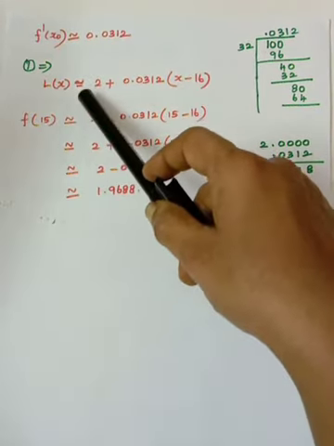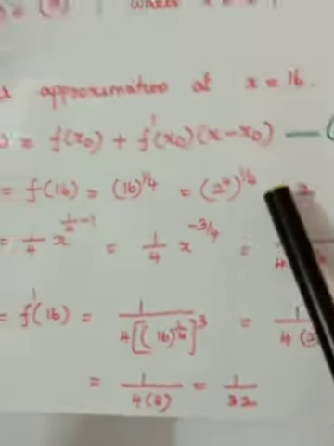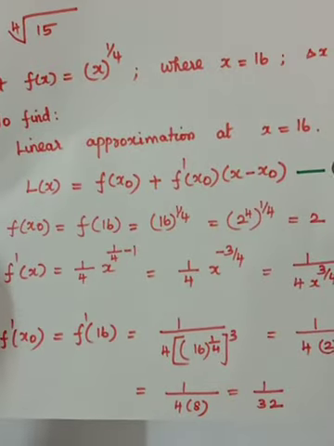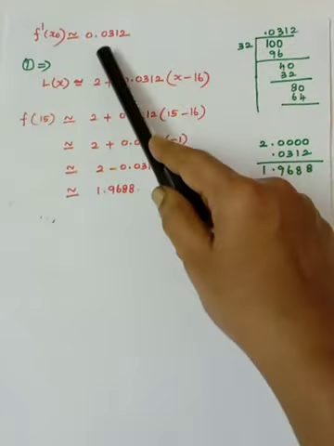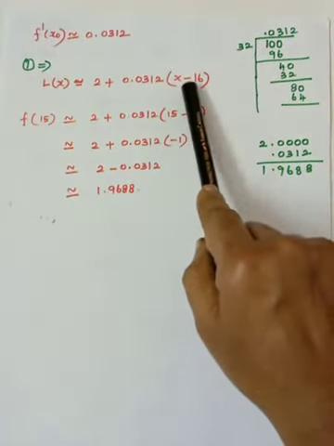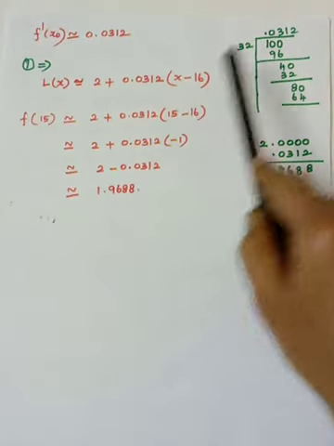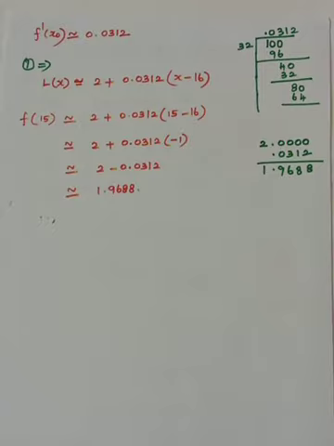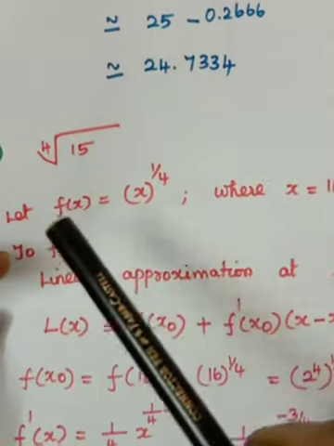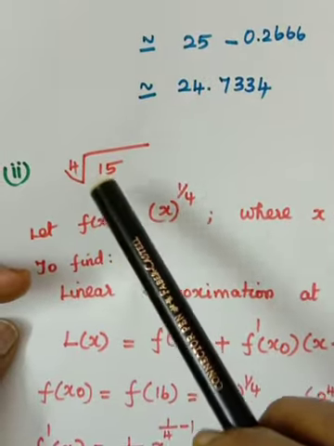Okay, so it has to be substituted in the formula. L of x is approximated as f of x naught, so f of x naught is 2, and f dash of x naught is this value, into x minus x naught, which is x minus 16. So now we have found the approximated value at x is equal to 16. But in the question, what is asked? The fourth root of 15 is asked.